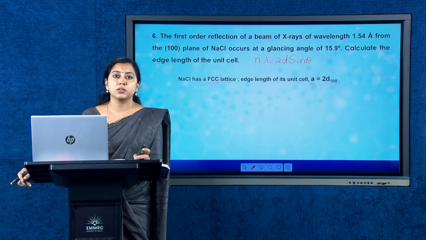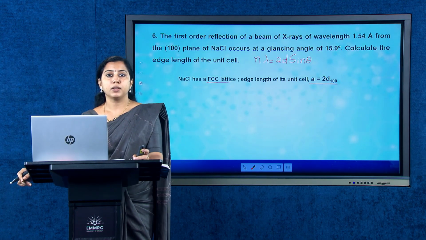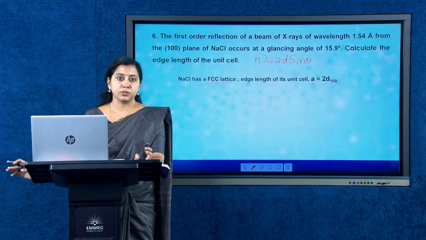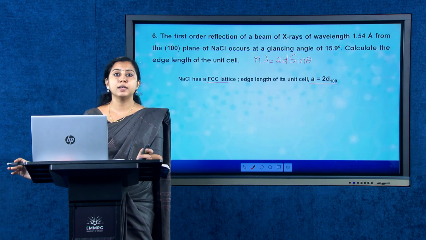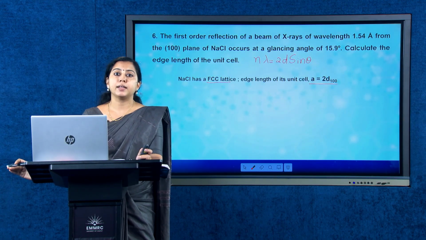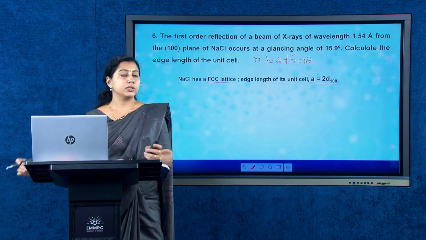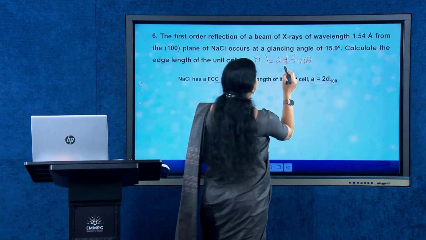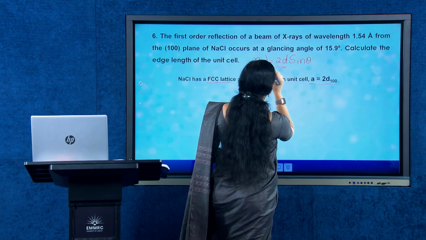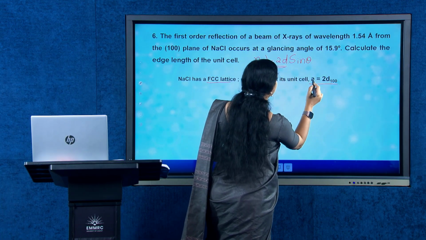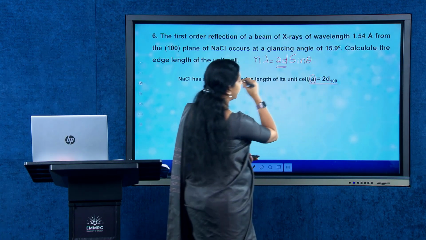So, A equals 2d, d100. It is actually the same as d200. So, if we find out 2d using Bragg's equation, you can find out the edge length A.